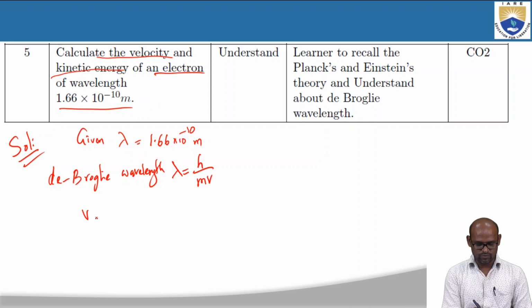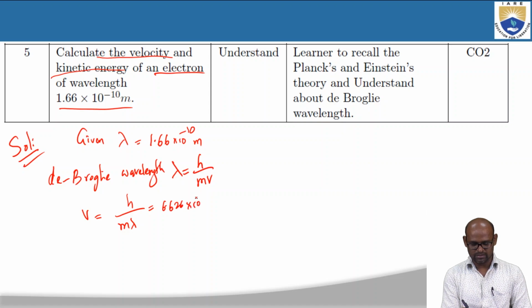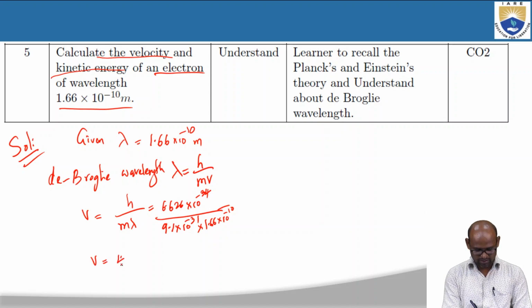We want velocity, so velocity becomes h by m into lambda. h is Planck's constant, 6.626 into 10 power minus 34, divided by m, the electron mass, which we know is 9.1 into 10 power minus 31, into lambda, given as 1.66 into 10 power minus 10. By substituting all these values, we find the velocity as 43.86 into 10 power 5 meters per second.